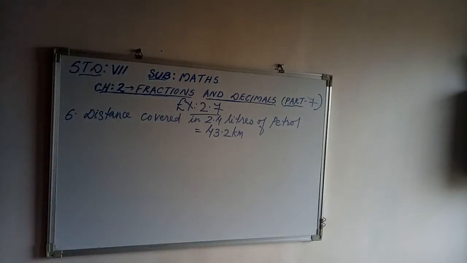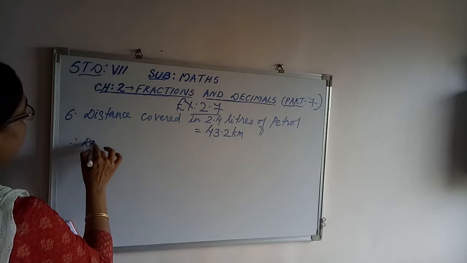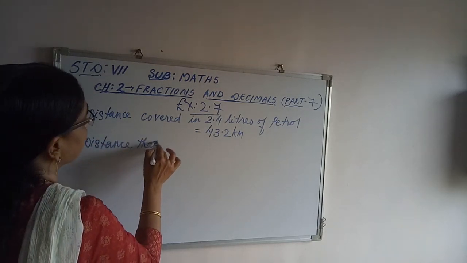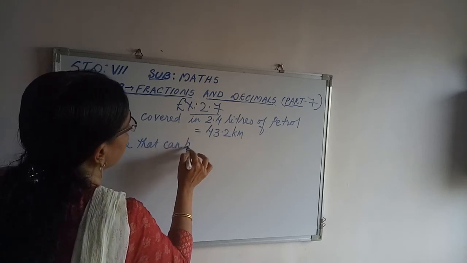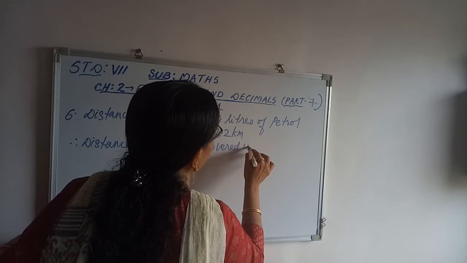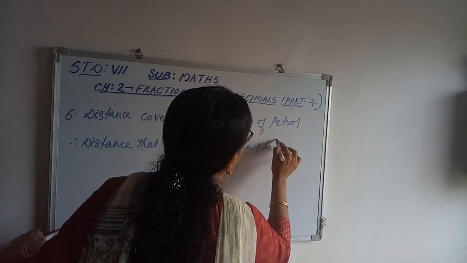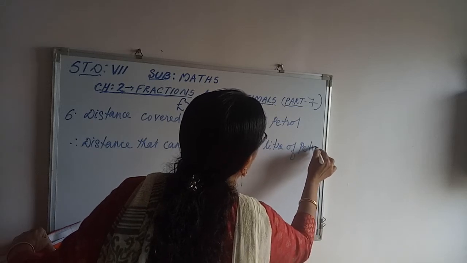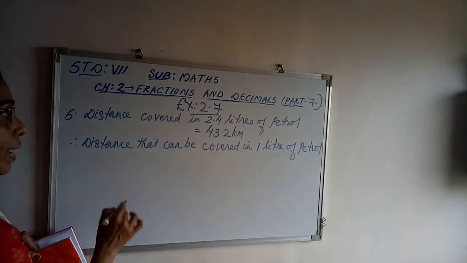Okay. Now, therefore, distance covered in 1 liter of petrol. Therefore, the distance that can be covered in 1 liter of petrol. How will you find out? Divide.